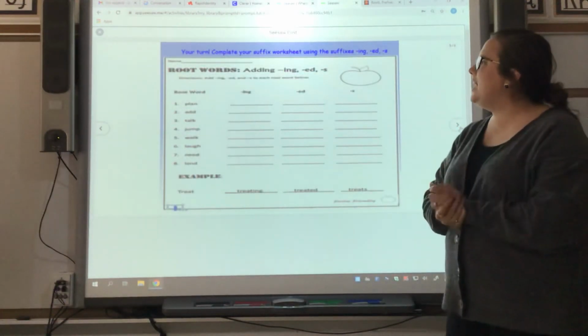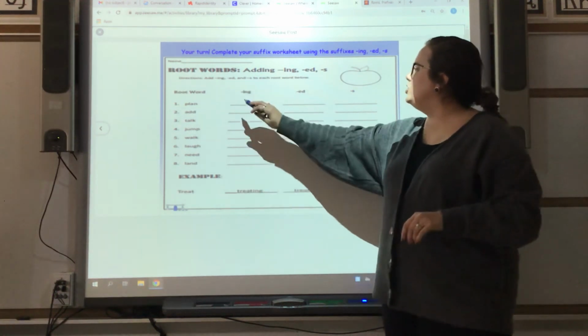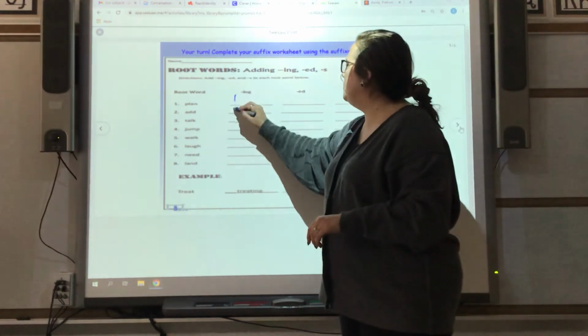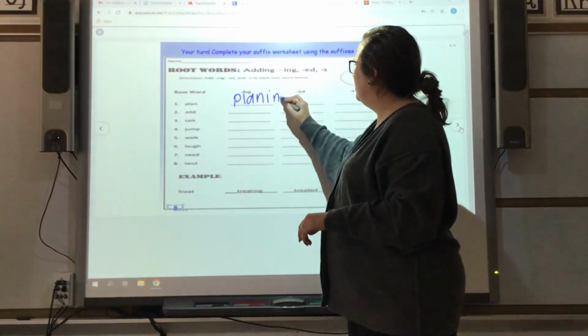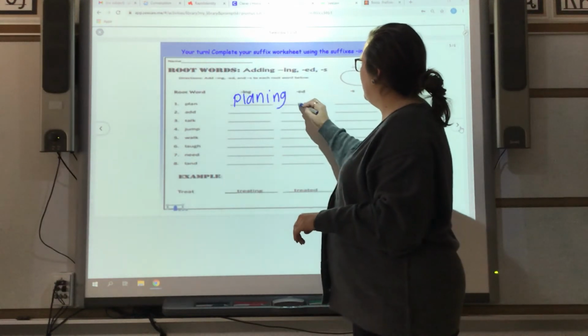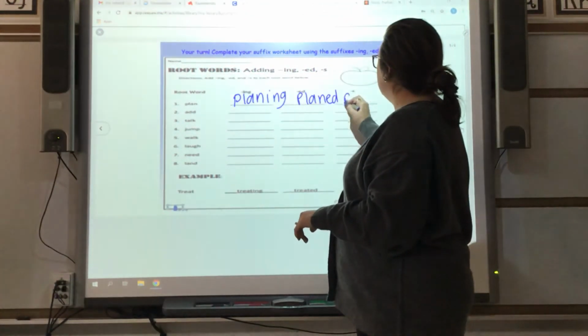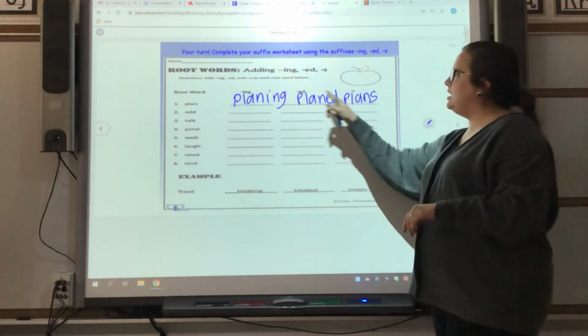And then your assignment for today is to write these words to each suffix. So if you have plan, you would put planning, planned, and plans. And you can see how the word changes for each suffix.